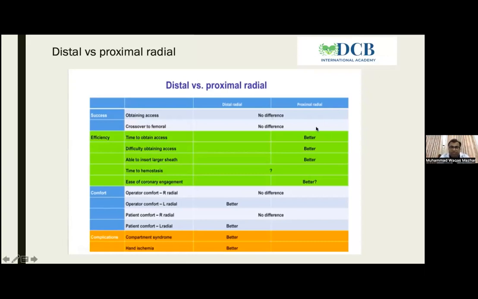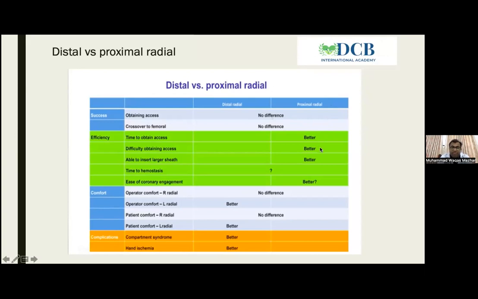Moving forward, what are the basic differences between the distal versus proximal radial access? In terms of success rate, there is no difference. In terms of crossover to femoral, there is also no difference. What about the efficiency? Timing to obtain access, both are good, but proximal radial is much better than distal radial.